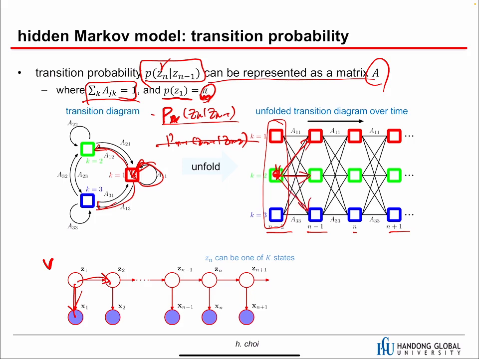If we are at the third state at time n-1, then we can move to the first, second, or third. So at every time step, we choose the next state based on this transition probability. For your information, in speech recognition systems using HMMs, we have something like 4,000 or 6,000 hidden states. It's not just a simple 2 or 3 hidden states for a big application problem.